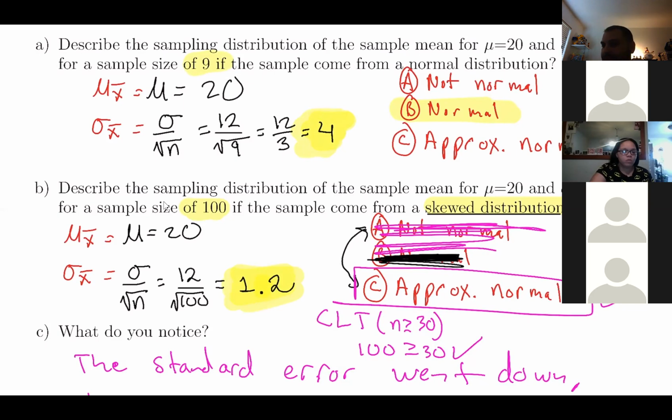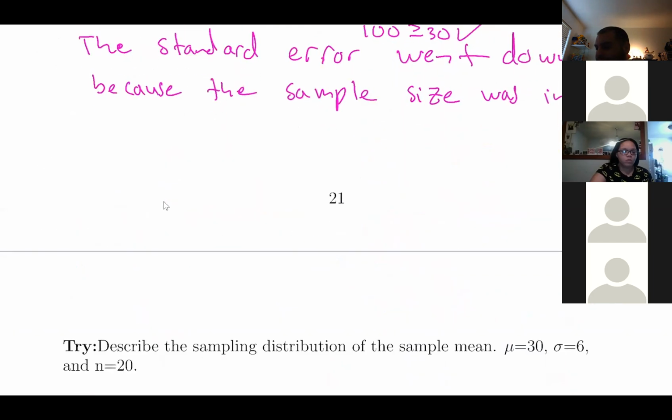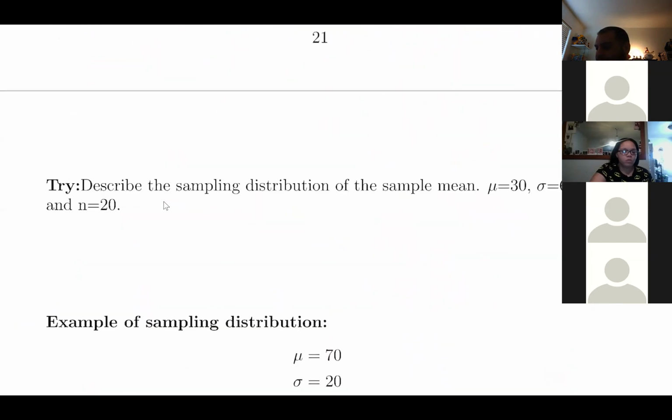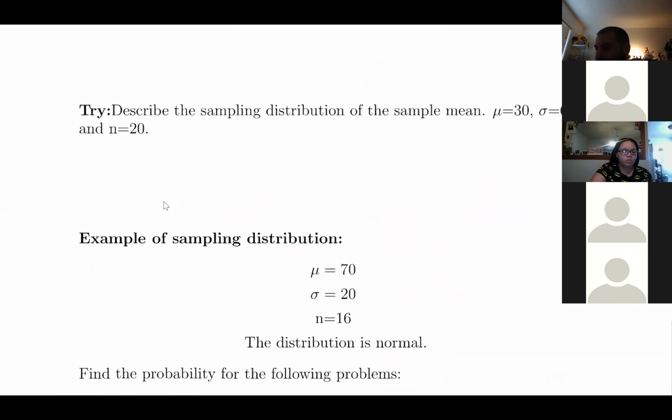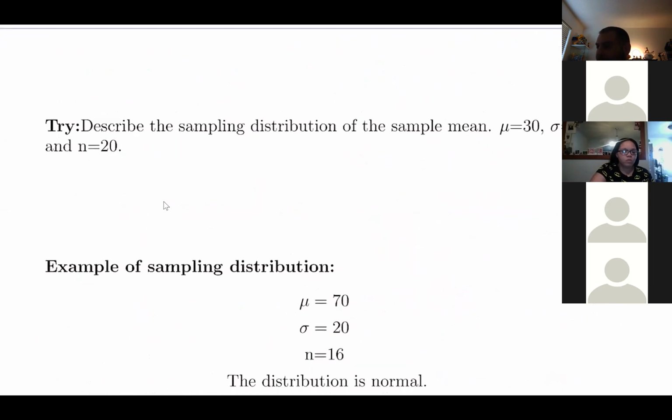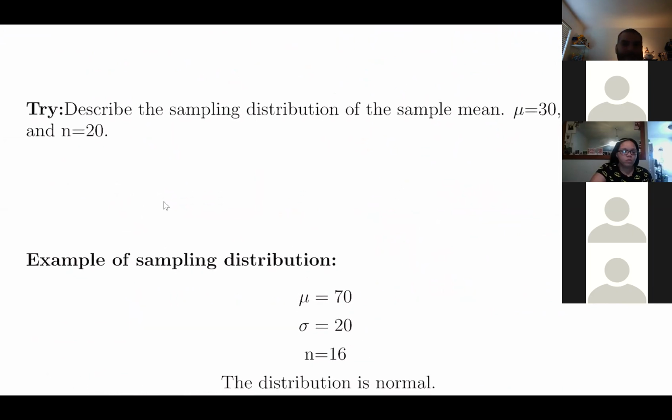Any questions for the last problem? No. So let's scroll on down. All right, what I want you to do is practice on this next one. Take a minute and practice on that one.